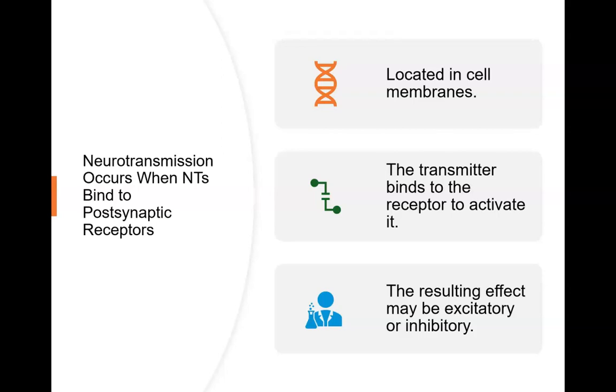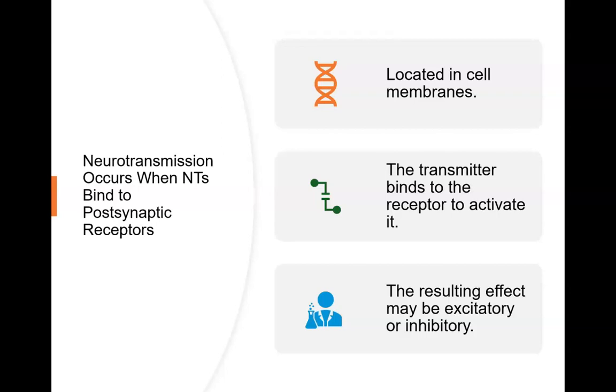They are often designed to decrease neurotransmitter release, so they act as a negative feedback loop. If a presynaptic cell is making too much of a neurotransmitter, the autoreceptors will pick that neurotransmitter up and reduce the amount being released.